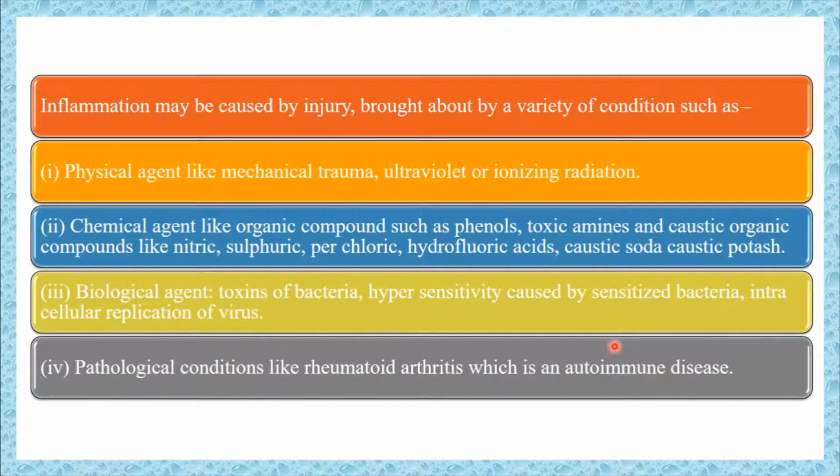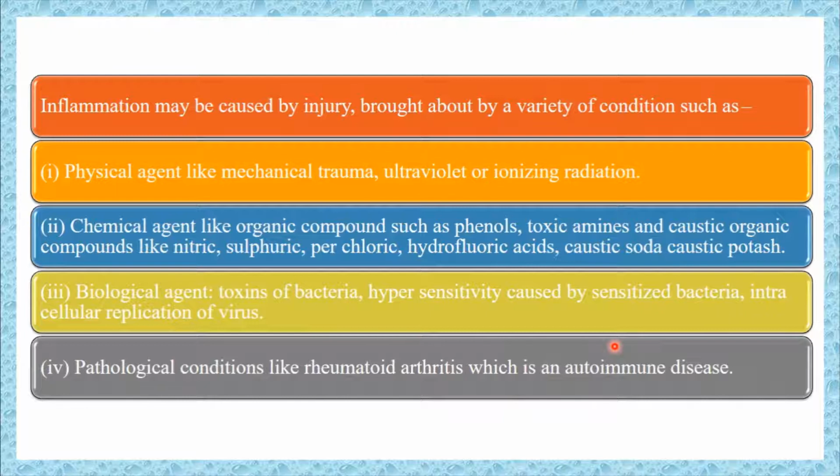Secondary inflammation is the indirect defense response due to physiological condition of the cell, due to autoimmune disease like rheumatoid arthritis and ankylosing spondylitis.